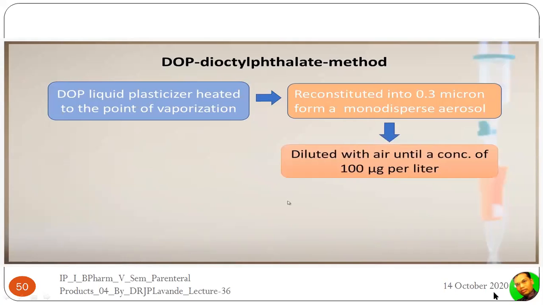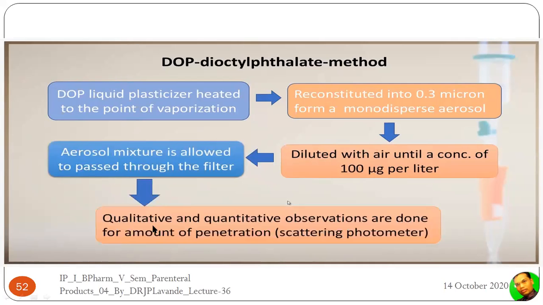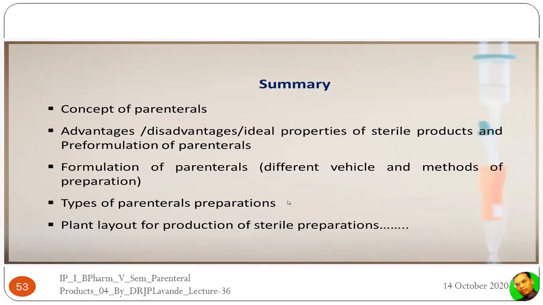These monodisperse aerosols are diluted with air until a concentration of 100 microgram per liter is achieved. This aerosol mixture is allowed to pass through the filter, and qualitative and quantitative observations are done for the amount of penetration using a scattering photometer. So this will measure the amount of dioctyl phthalate that passes through the filters.